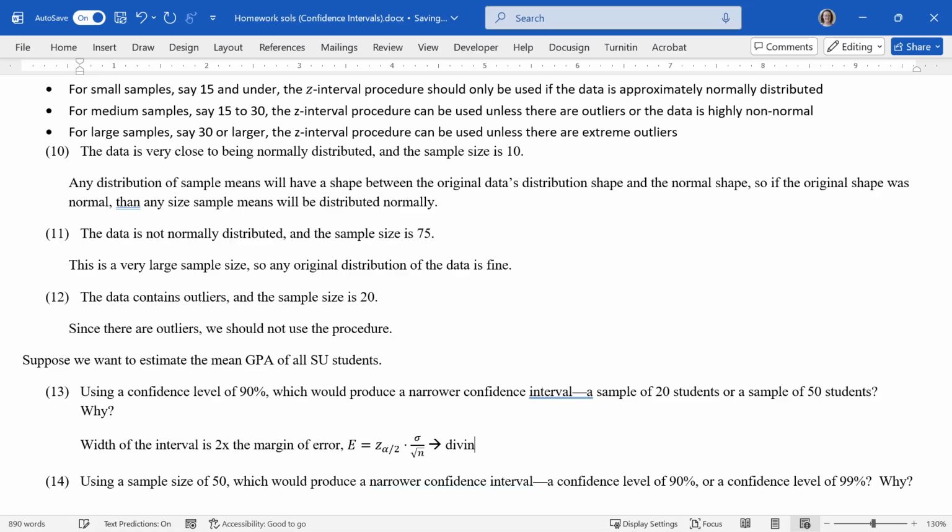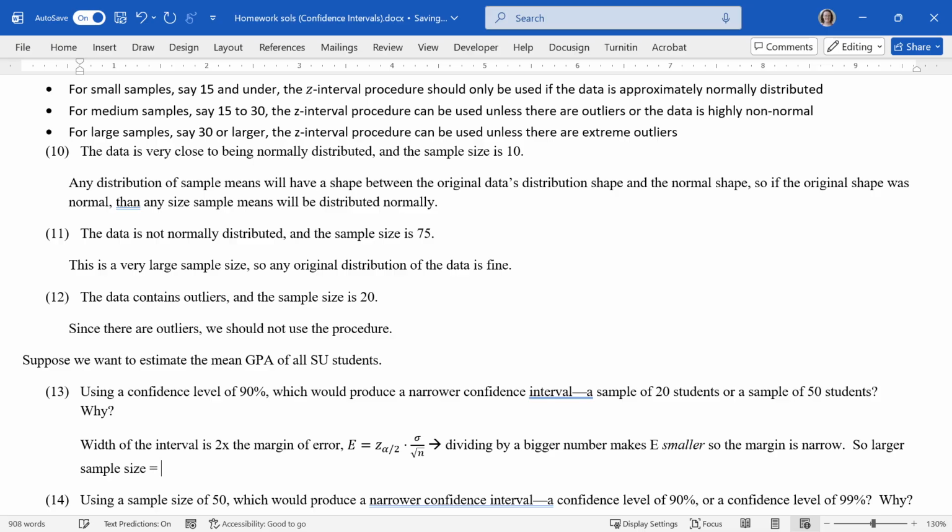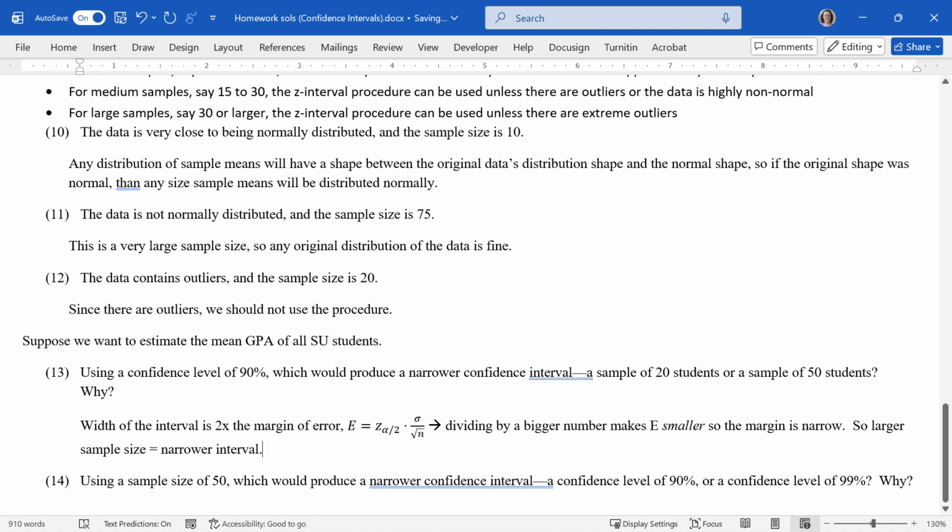Okay, so dividing by a bigger number makes E smaller. So the margin is narrower. So larger sample size means narrower interval. Okay, and I hope it also makes sense from the fact that the larger your sample size is, the better of an estimate you can get.